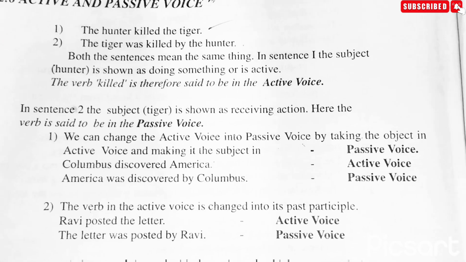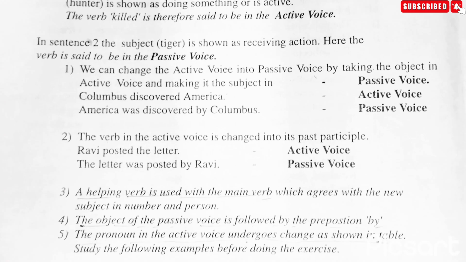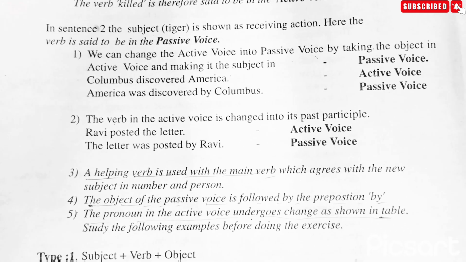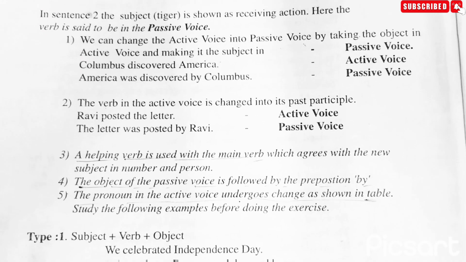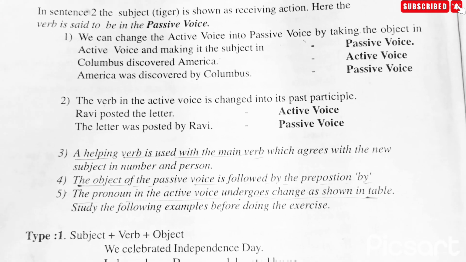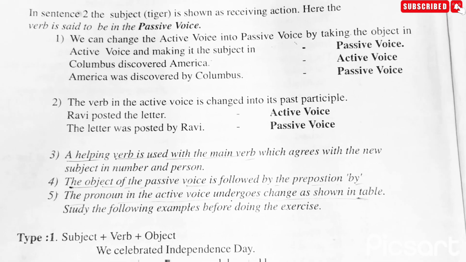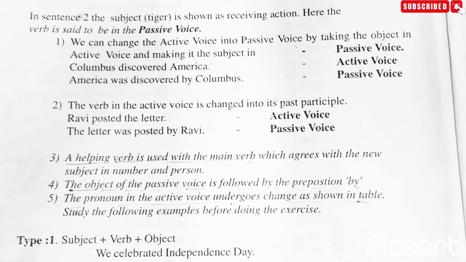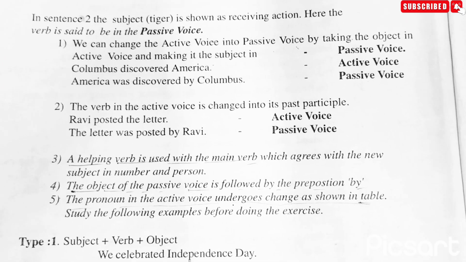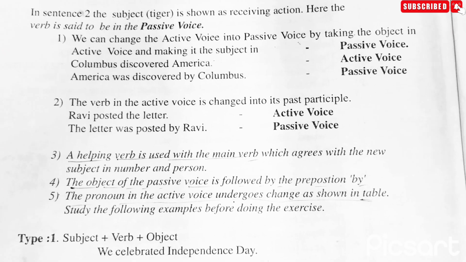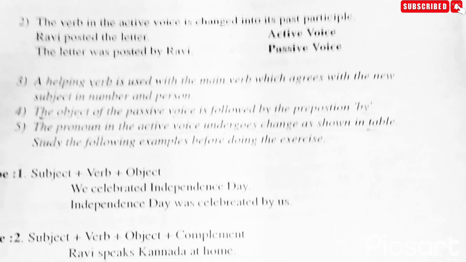America was. Discover is the main verb; V3 form, discovered. America was discovered. Preposition by, subject changes into object, Columbus. The verb in the active voice is changed into its past participle.